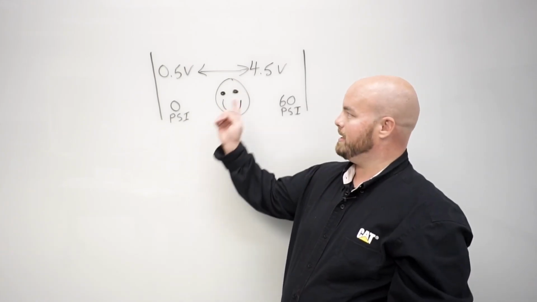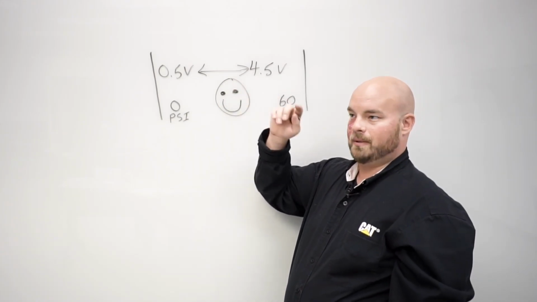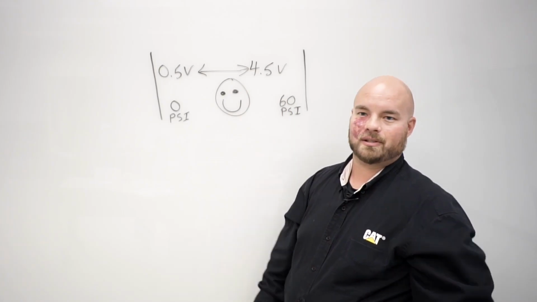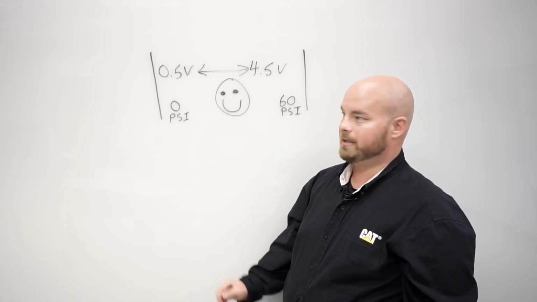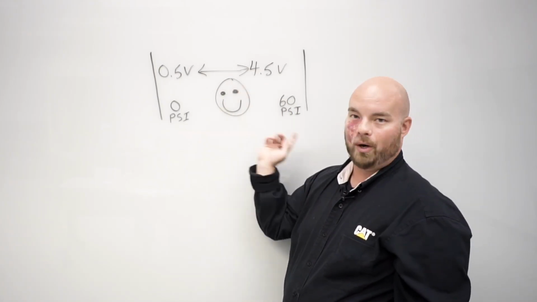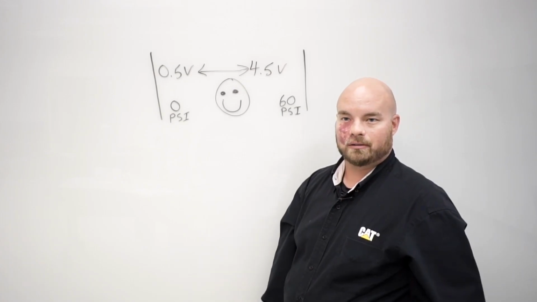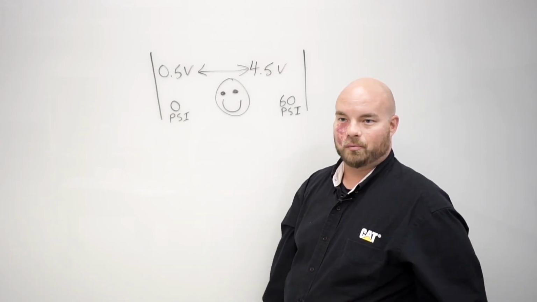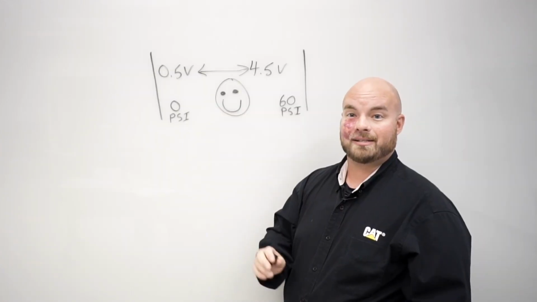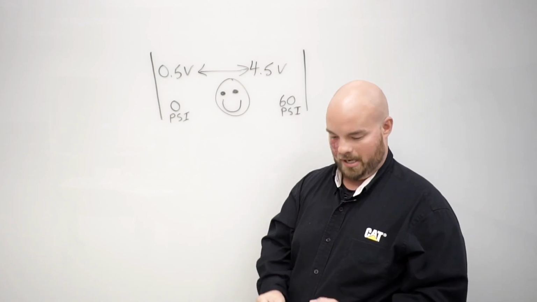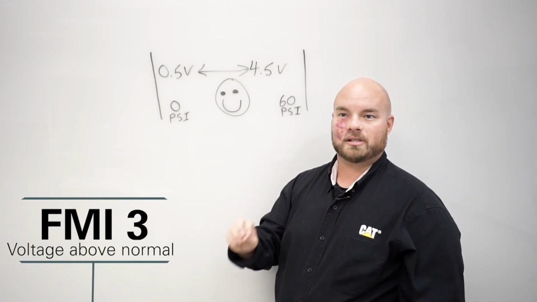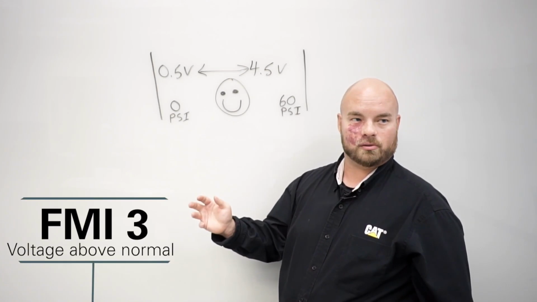All it's going to do is say, I'm reading a voltage, I'm reading a voltage, I'm reading a voltage. That's what ECMs like to do. They like to read voltages. Then they take the voltage and equate it to a pressure, in this case based on the software. An FMI-3 code, the description for that code is voltage above normal. What's normal?